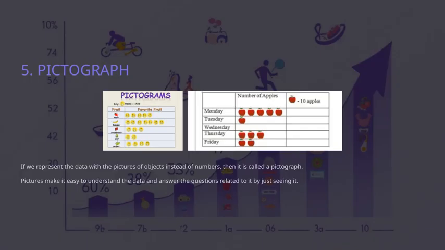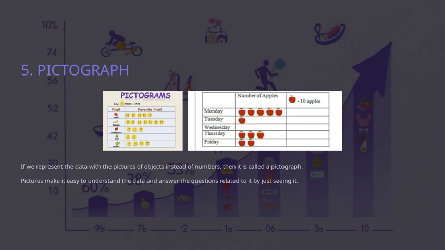Now, let's talk about pictographs. A pictograph is a way of representing data using pictures or objects instead of just numbers. Instead of seeing a long list of figures, you get a visual representation that's much easier to understand at a glance. The key benefit here is that pictures make the data more relatable and simple to interpret. When you see the pictures, you can quickly answer questions about the data without needing to do any complex calculations.